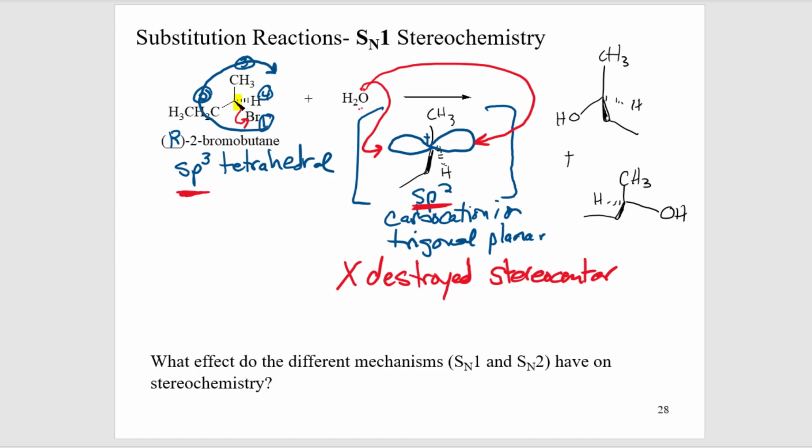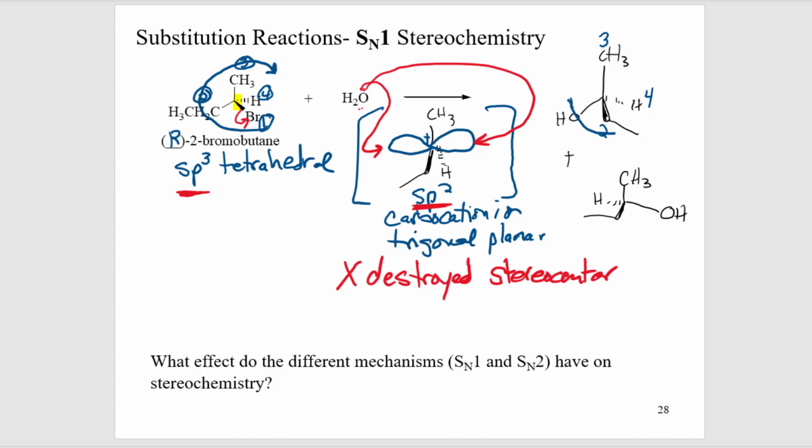Now let's figure out their relative stereochemistry. In the top case, oxygen is 1, ethyl is 2, methyl is 3, hydrogen is 4. Ooh, hydrogen is in the back.